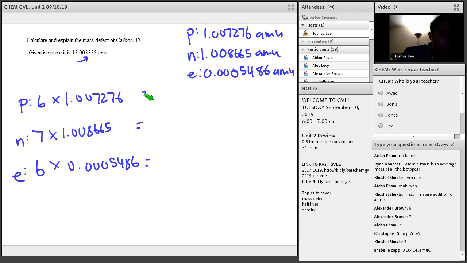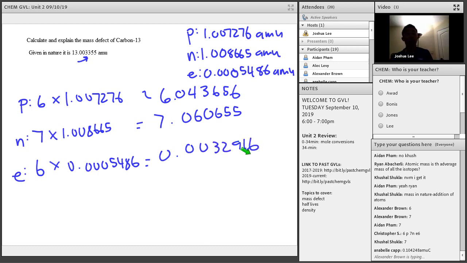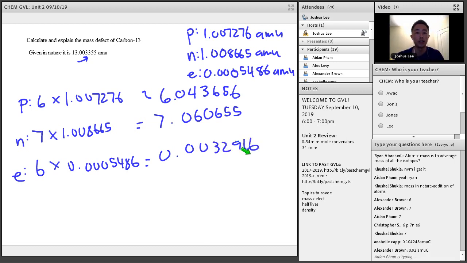You get 6.043656. You get 7.060655, and then you get 0.0032916. So this is all the things that make up the carbon 13.